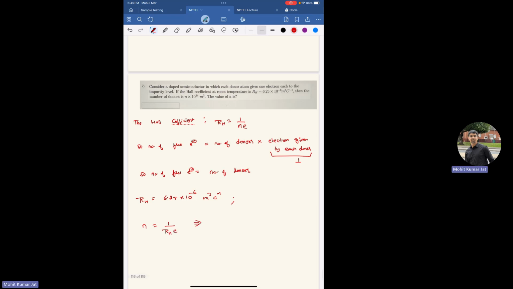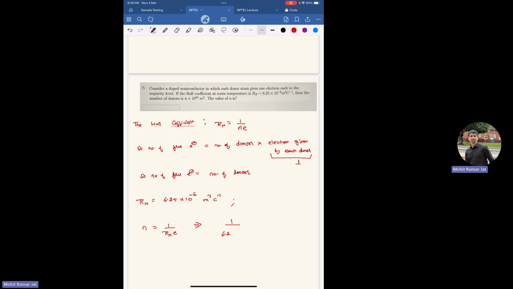This implies 1 by 6.25 into 10 power minus 6 times 1.6 into 10 power minus 19. 6.25 into 1.6 will be 10, so 10 power minus 5, and then 10 power 24, that is 1 into 10 power 24.